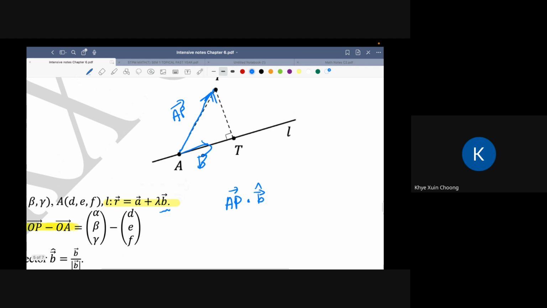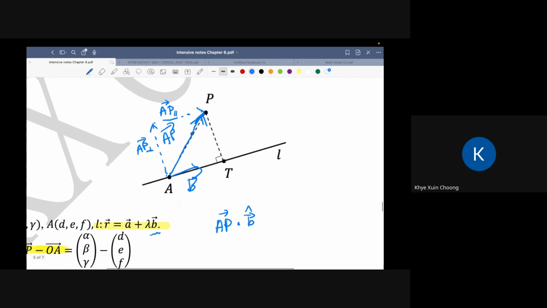Why do we dot with the unit vector? Because if you dot the unit vector, what you get is something like this. When you dot it, you get this AP, sorry, better I use parallel: AP parallel, and this one is AP perpendicular.